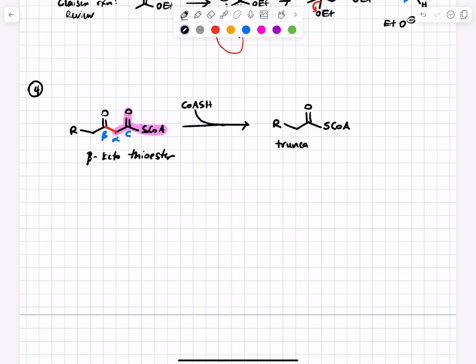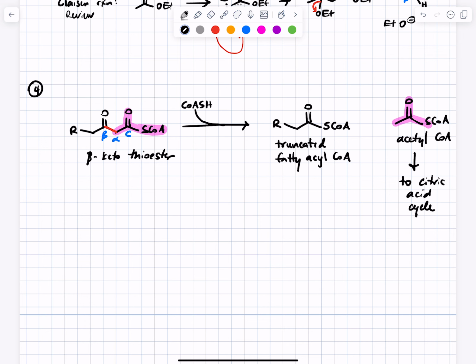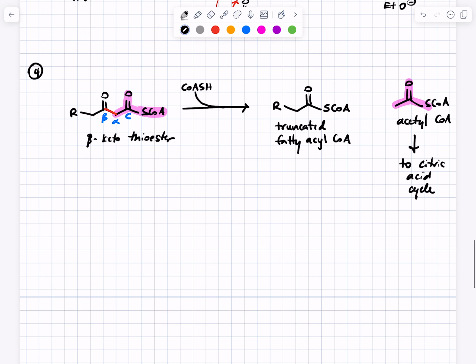By truncated, I mean it's lost 2 carbons. Truncated fatty acyl-CoA. And then the other product will be acetyl-CoA, which you can then take to the citric acid cycle. Okay? So how does that happen?